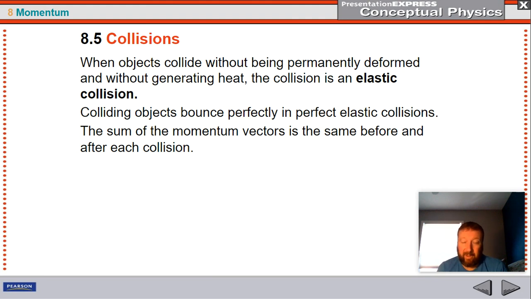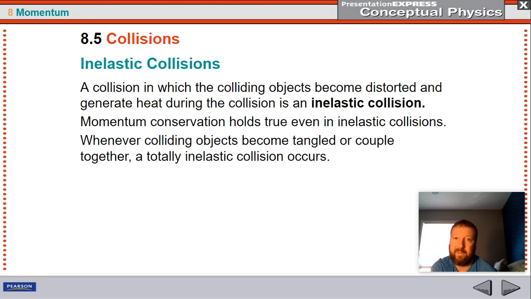There are perfectly elastic collisions with subatomic particles, where when they bump into each other, there's no loss and no heat generated, but that usually doesn't occur in the real world at the macroscopic level. Cars are going to be deformed. They're going to create heat from the friction that's involved, and sound. And there's going to be some type of deformation that takes place, and those would be called inelastic collisions.